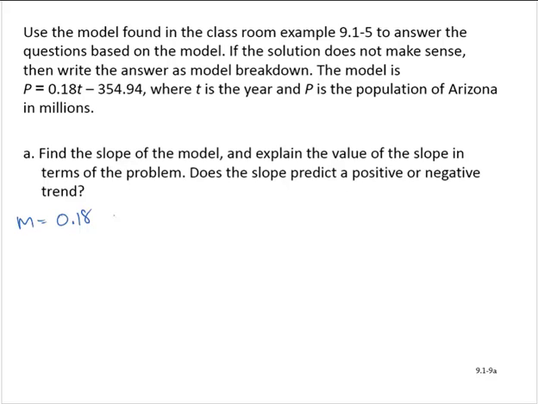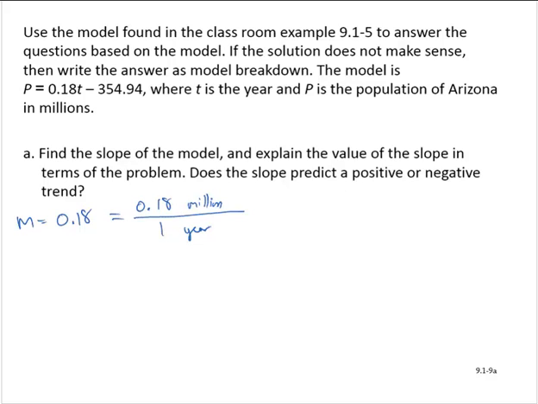Well, the units on that, think of it as a fraction. Remember, we think of units of y, units of the output, and so that would be million people over 1 year.